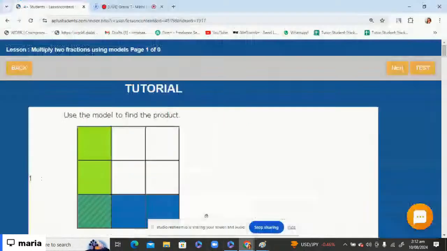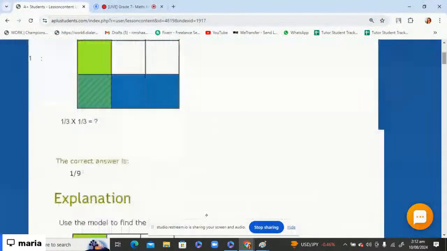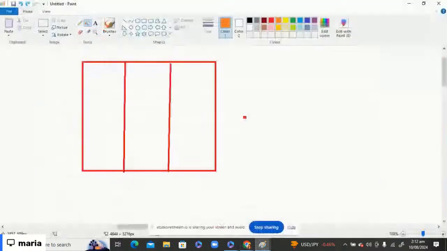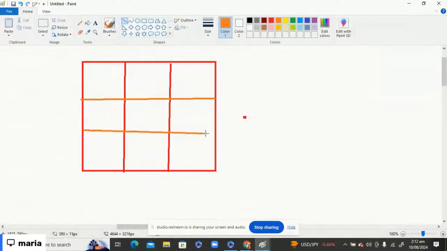First we are going to represent this. These are the three columns, and how many rows? It's the same, there are three rows. Look at here, this is one row, this is the second, and here is the third one.